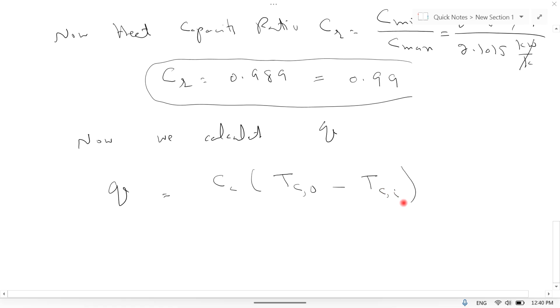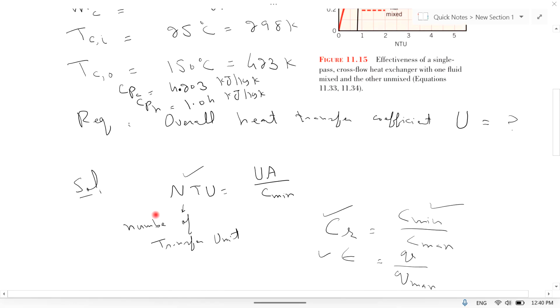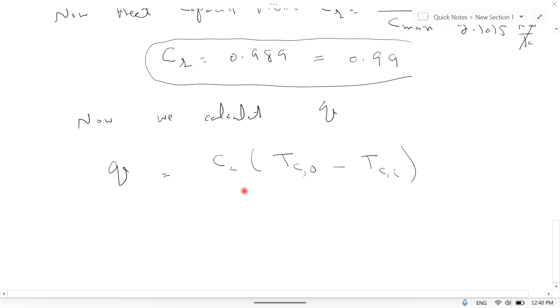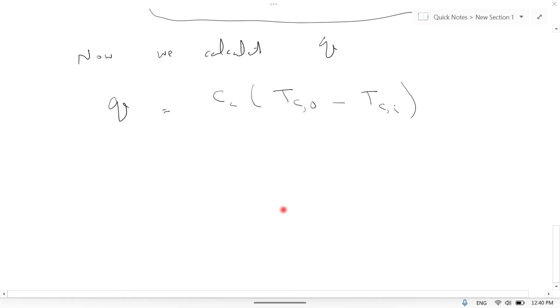We find Q with the help of the cold water inlet temperature and cold water outlet temperature, because the hot water inlet temperature is given to us, but the hot water outlet temperature is not given to us, so we use this formula. In both cases Q will be equal.